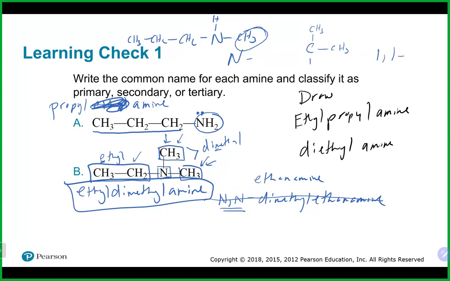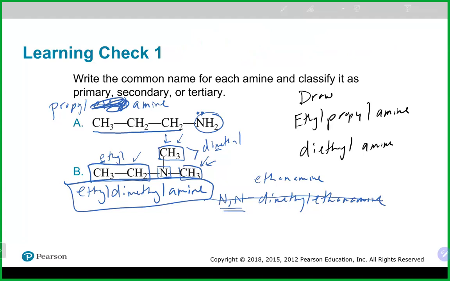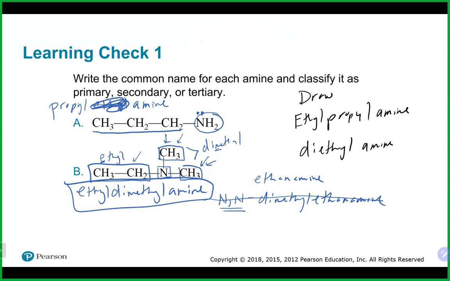So let's draw a couple here to see. Amine means it's a nitrogen, and so kind of like how we talked about drawing ethers, I would probably also take that approach here with our amines.